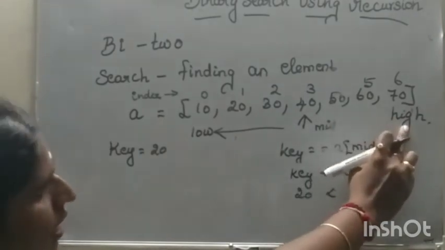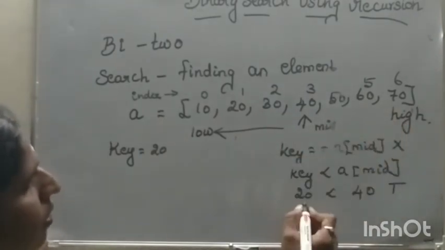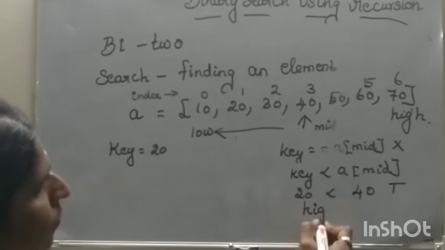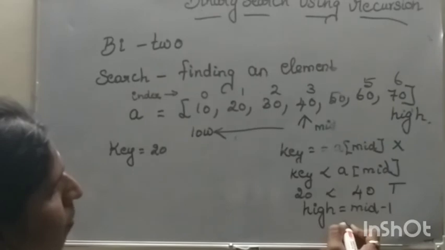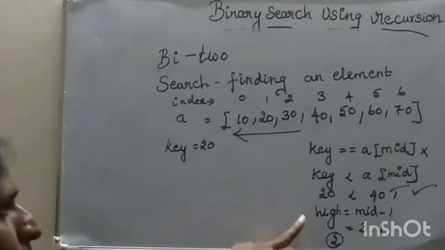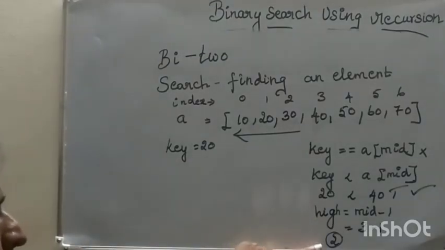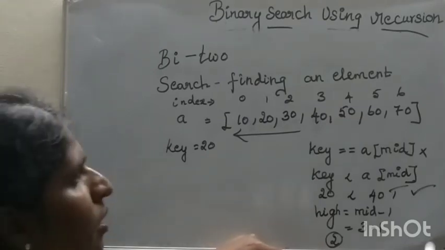Here, this high label has to be changed. High equals mid minus 1. My mid value is 3. 3 minus 1 is 2. Now the high value points to 2, that is, it is pointing to the index 2. Here I used 2 symbols.